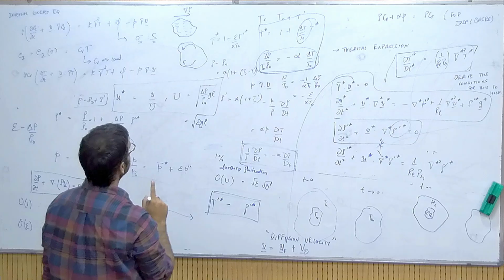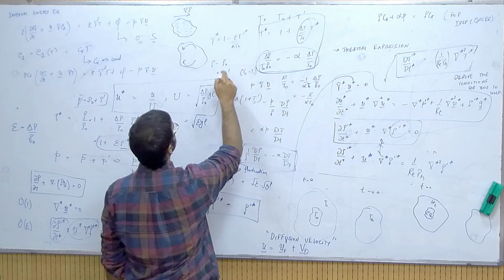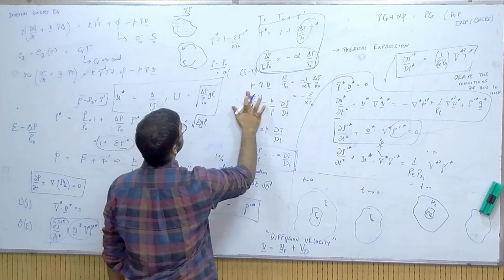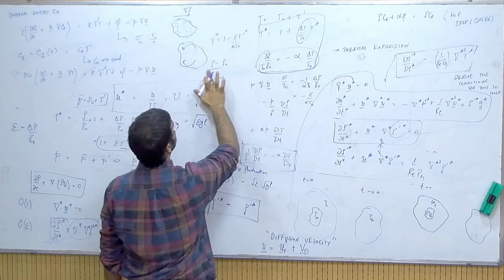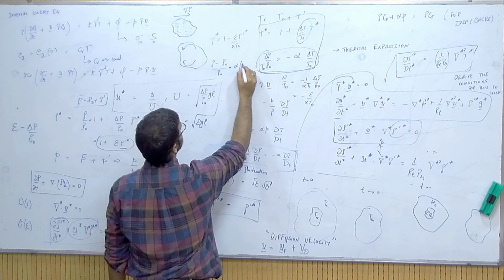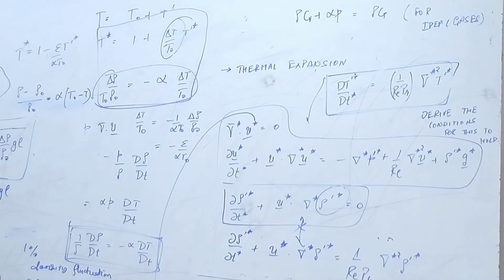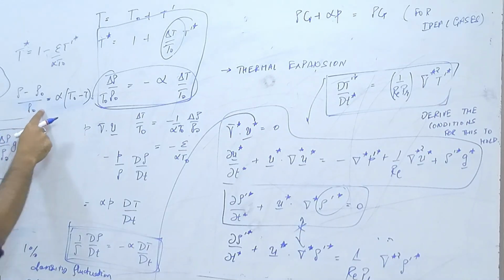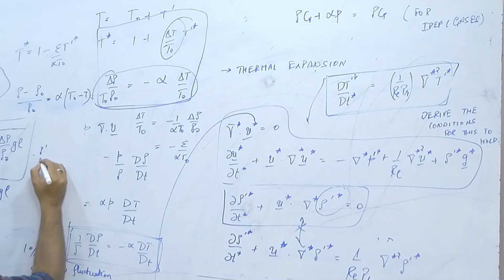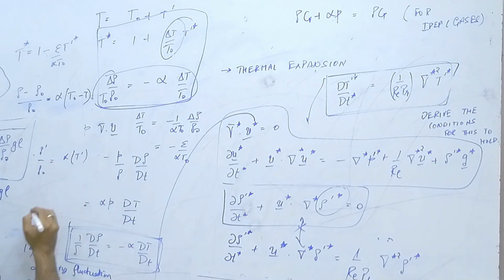Just a second again. There is no 1 here, right? I am making these mistakes in the definition. This is the definition of thermal expansion. This is how you should write it. And from here you will get that rho prime over rho naught is alpha T prime. And from there you can get that T prime star is rho prime star.